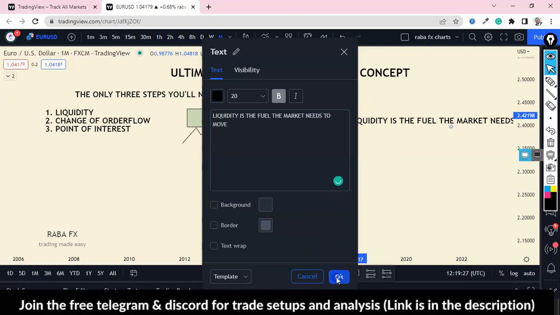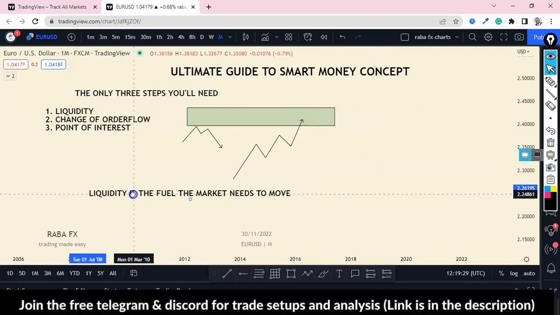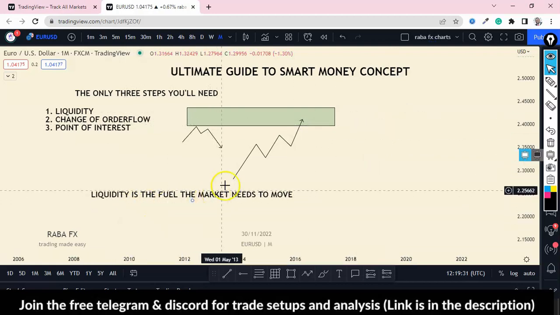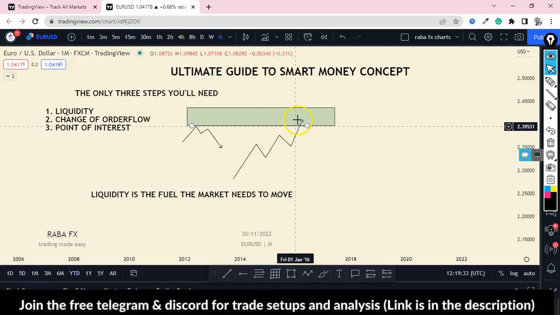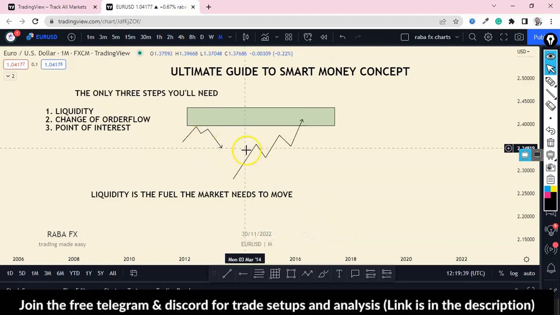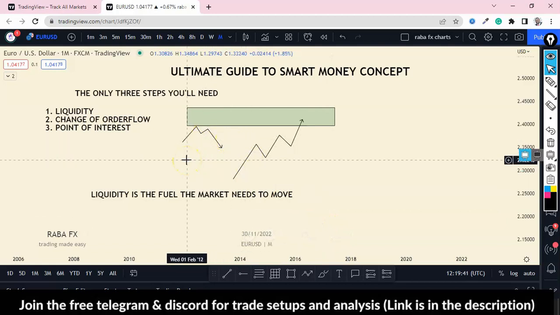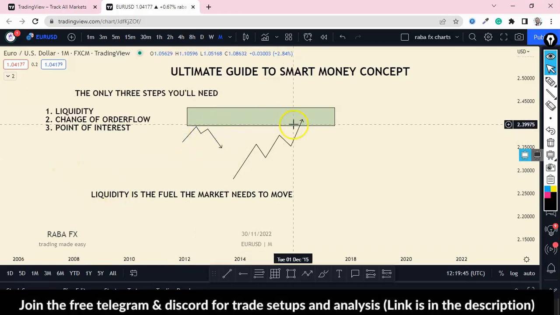Liquidity is simply the fuel the market needs to move, because if the market wants to have a prolonged bearish move, it has to take liquidity.